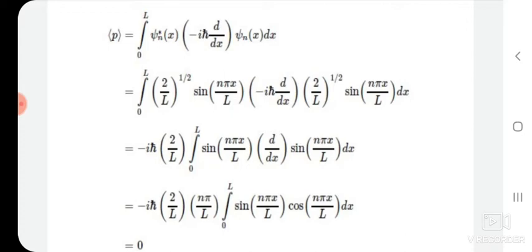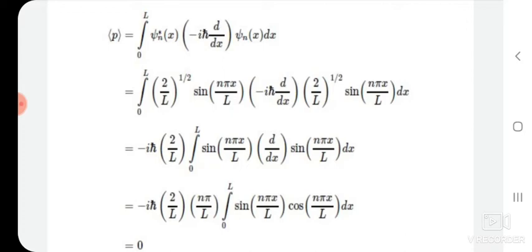Therefore expectation value of p is equal to minus i h cross times n pi by L, integration 0 to L, sin n pi x by L into cos n pi x by L dx.